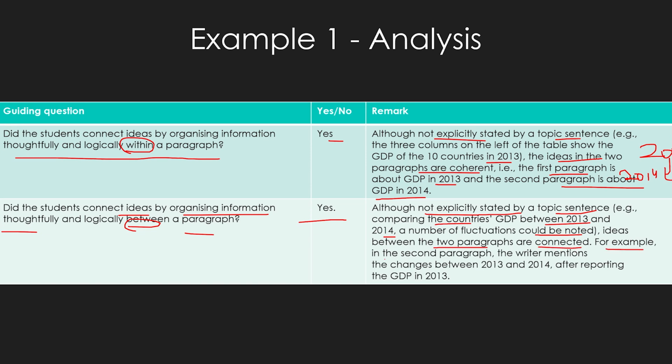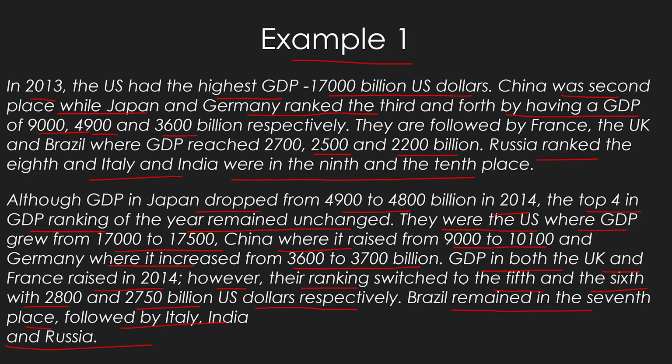For example, in the second paragraph, the writer mentions the changes between 2013 and 2014 after reporting the GDP in 2013. So they did cover that, so the ideas are connecting. So, look at these answers, go through them and see what defines them the way they are, how they are written, and pick up some words from here that you can use for your answers.